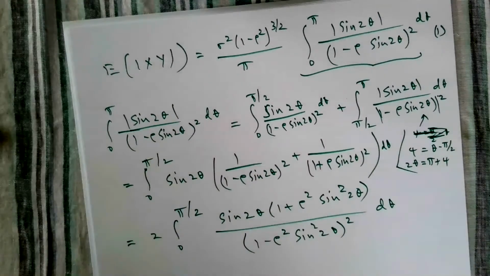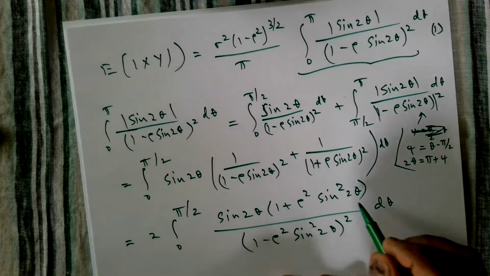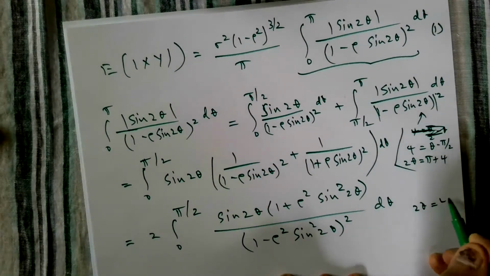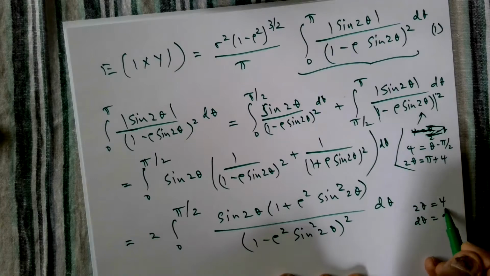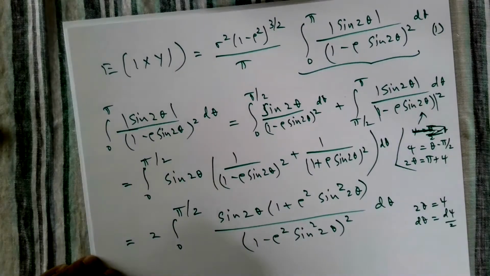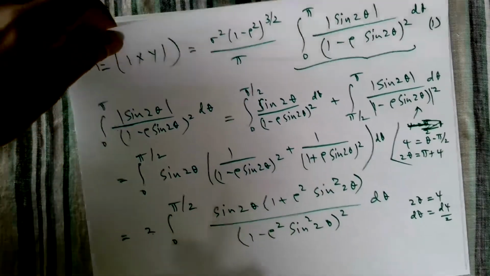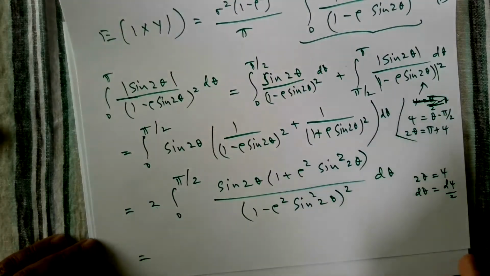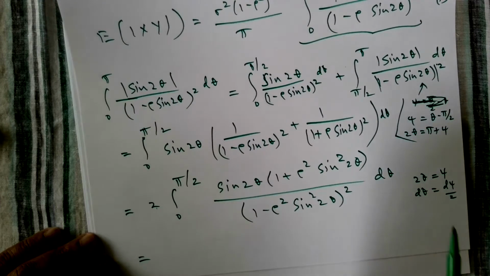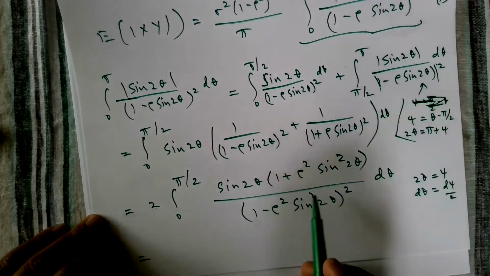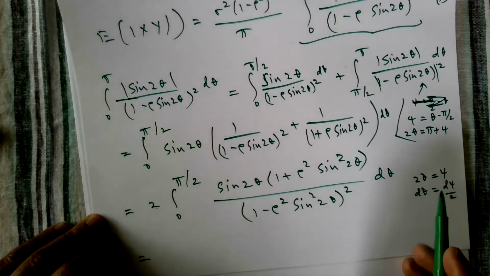So we need to evaluate this integral. One more time, I'm going to make one more change. I'm going to call 2 theta phi. So d theta is d phi by 2, so the 2 cancels. Notice that as theta goes from 0 to pi by 2, phi goes from 0 to pi.